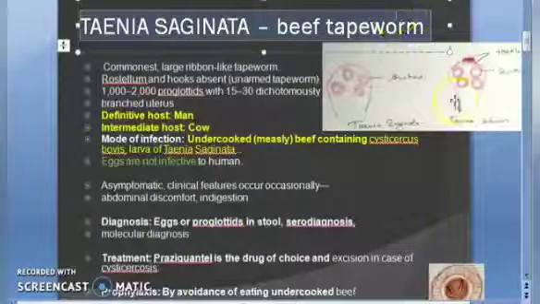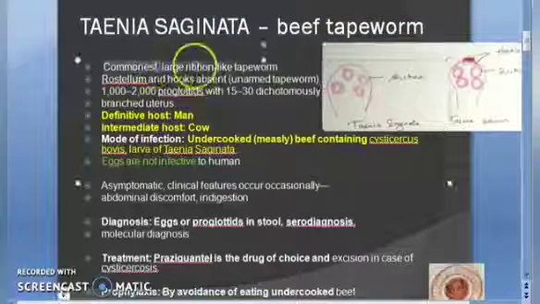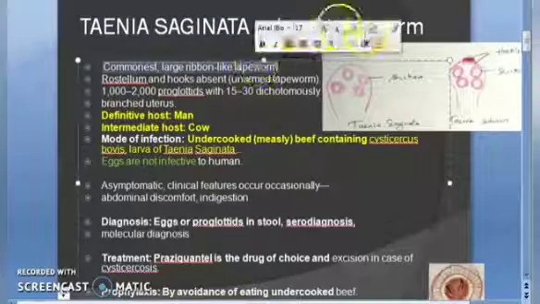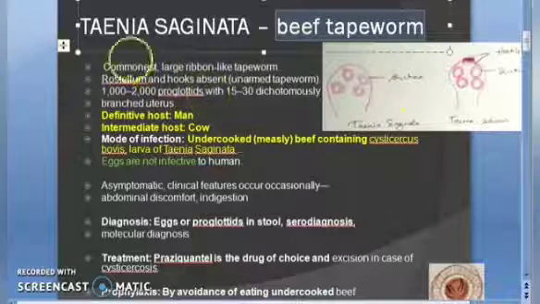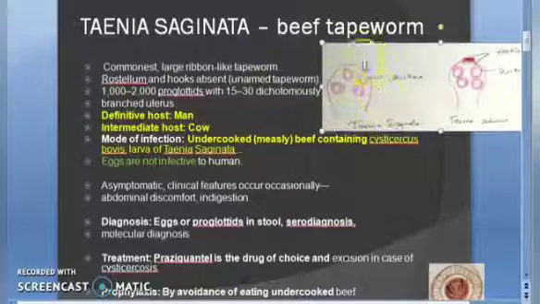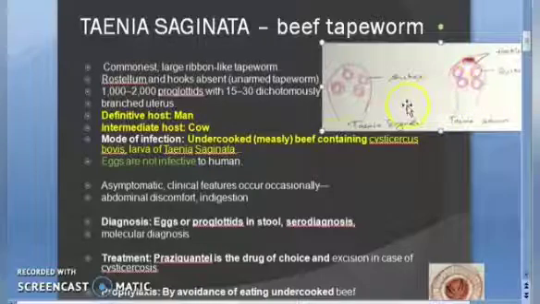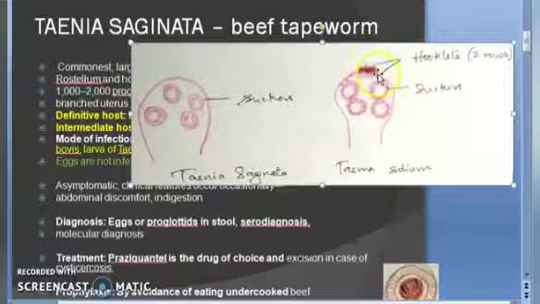We saw a high-level view of Taenia saginata. Basically, it is a common large ribbon-like tapeworm. It is called beef tapeworm because it comes from eating uncooked infected beef. In Taenia saginata, there is no rostellum and hooks. They are absent here. In Taenia solium, you can see the rostellum with hooklets, in 2 rows.